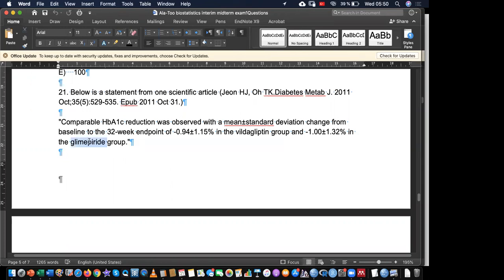These are two medications for diabetes. I don't know exactly what they are called in the market, and maybe Dr. Azamat knows.